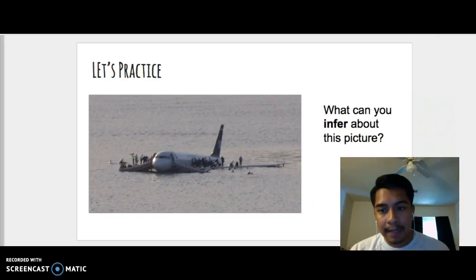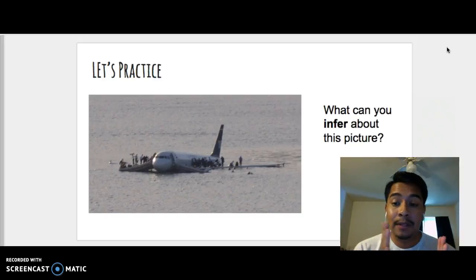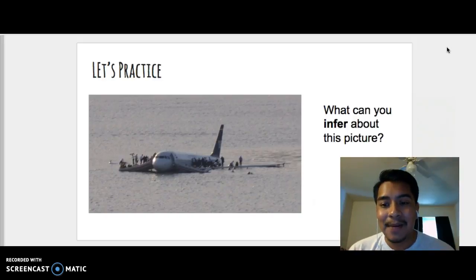Well, planes fly in the sky and then sometimes they go down. Although, interesting fact, it's safer to be on a plane than it is to travel in a car. So for those of you that are about to travel, please don't take this as something to scare you because planes are actually very, very safe. So we can infer that the plane was in the sky and that it went down.